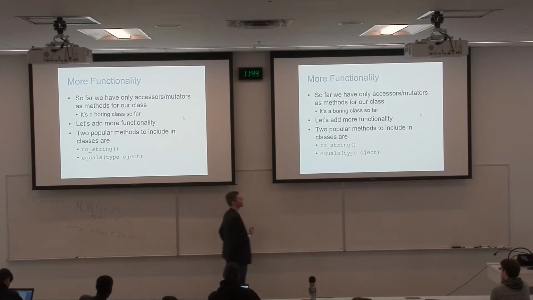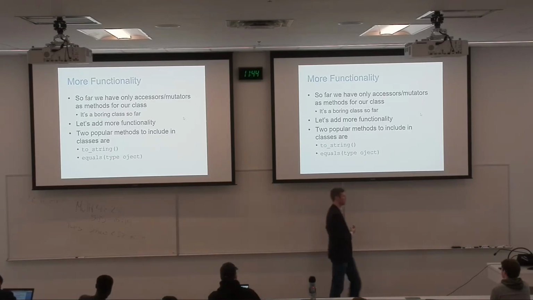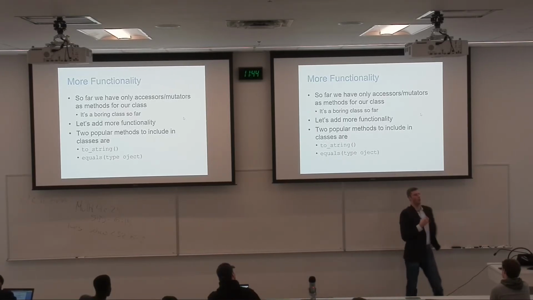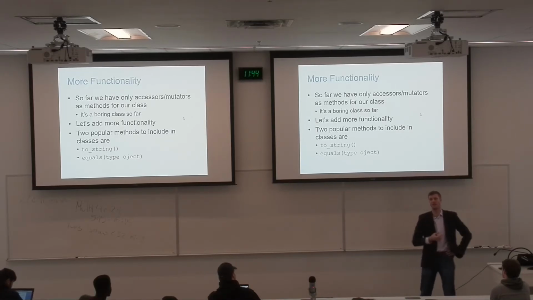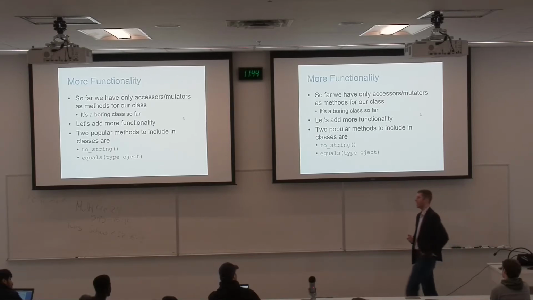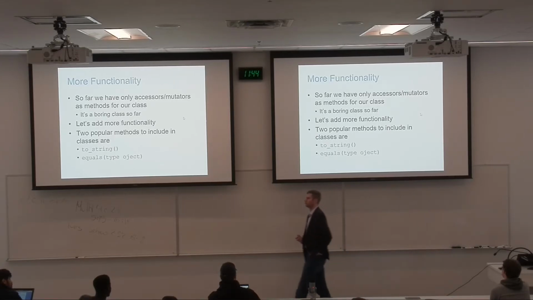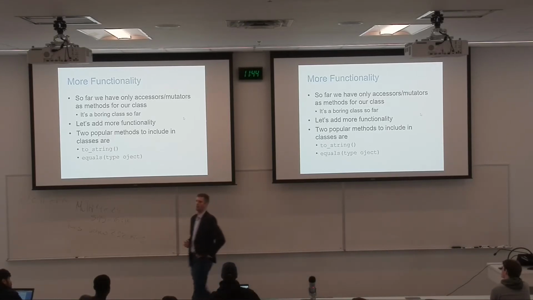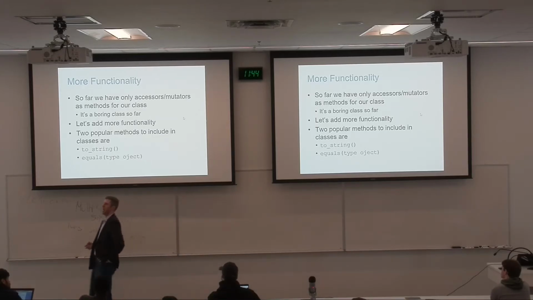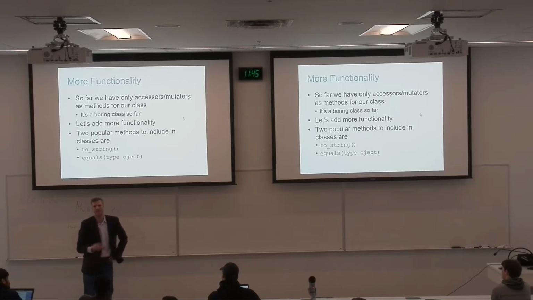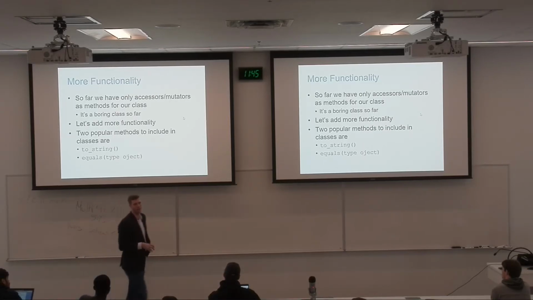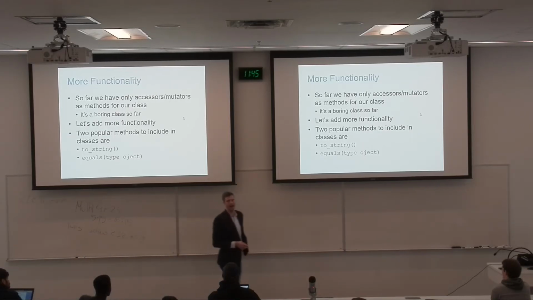And another thing that I'm going to want to write is an equals method. What does it mean for two objects to be equal? I'm going to define this. Maybe if two students have the exact same height and hair length, then they're going to be equal. That's a pretty silly example, but I could do that, presumably if they had those attributes.